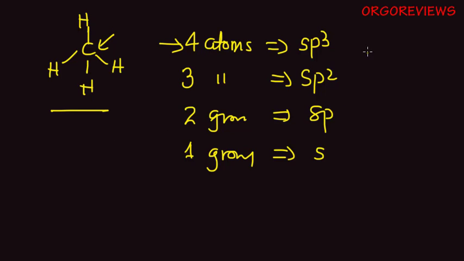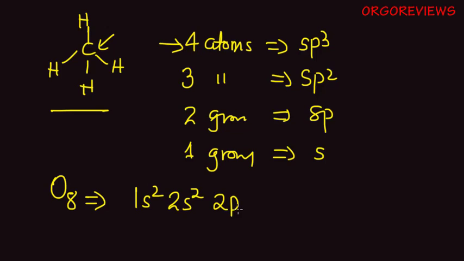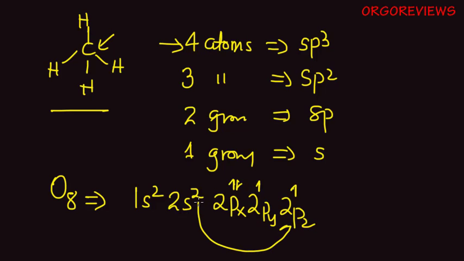One other thing is that since we didn't look at oxygen, which is 8, when you hybridize oxygen, you have 1s2, 2s2, 2px, 2py, and 2pz. Since it has 8 electrons, you're going to have something that looks like that. So when there's a hybridization, there's a movement of electron to one of the p orbitals.